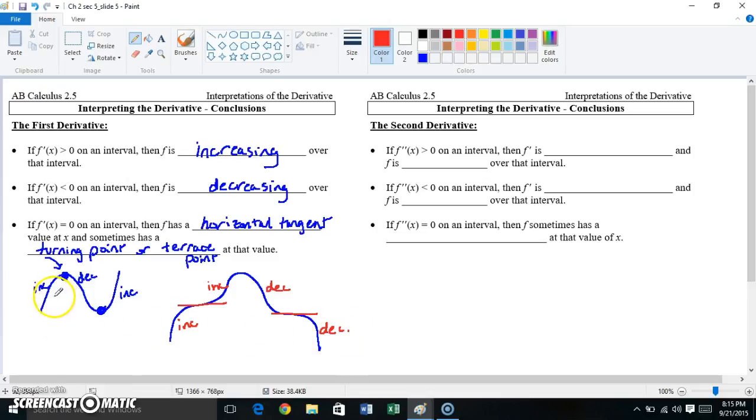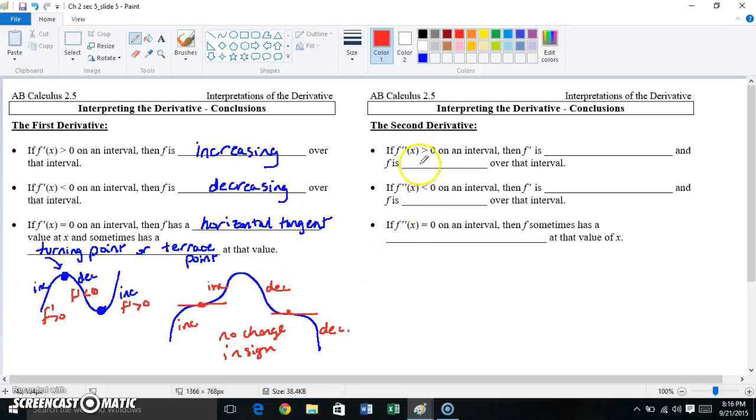Okay, so here there's going to be a sign change from f prime greater than 0 to f prime less than 0 to f prime greater than 0, whereas here there's no change in sign. Okay, f prime is positive, f prime is positive, f prime is negative, f prime is negative.